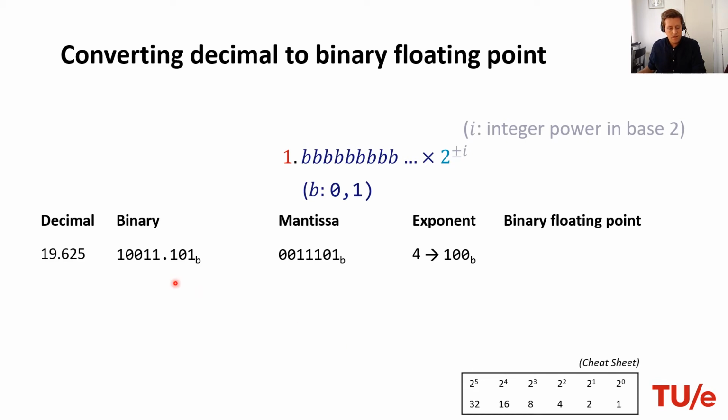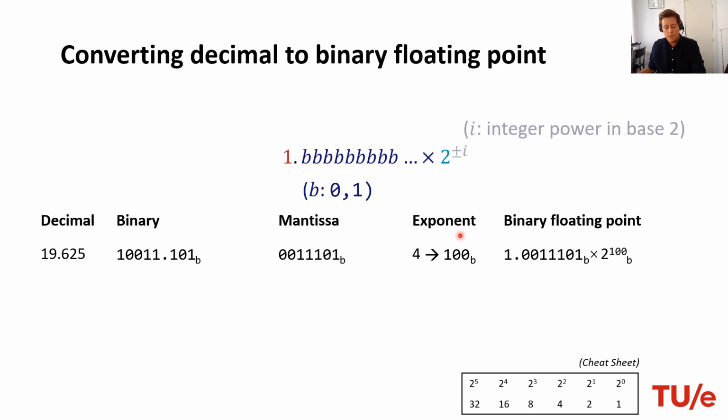So in summary, converting 19.625 into binary floating point, we already saw how to convert it to standard binary representation. We saw how the mantissa can be split out. We saw how to convert this exponent of 4 into the binary notation 100.